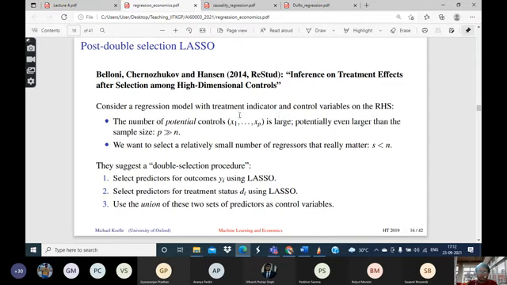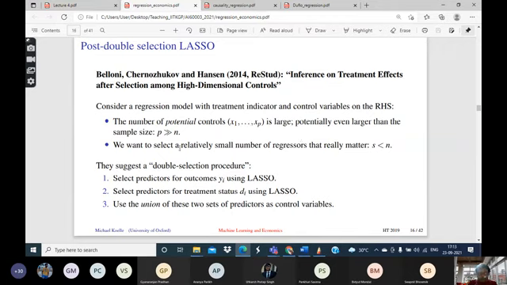Suppose we denote whatever we are trying to measure as y, and the various factors which potentially control that variable y we denote by x1, x2 up to xp, where p is a very large number. These are the list of possible causes for the effect which we are trying to measure.